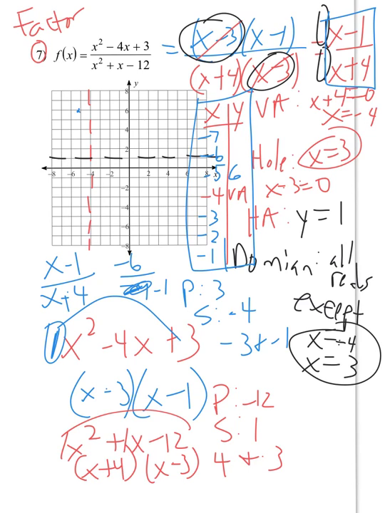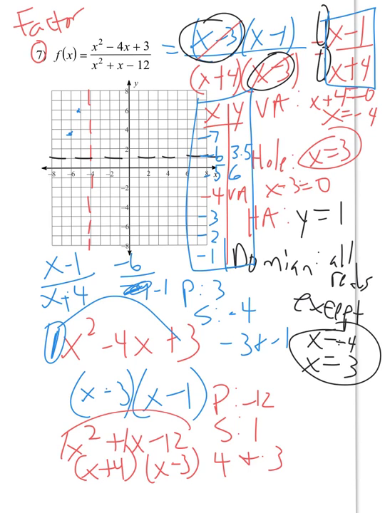If I put negative 6 in, negative 6 minus 1 would be negative 7 over negative 6 plus 4, which is negative 2. Negative 7 divided by negative 2 is 7 halves, or 3.5. So at negative 6, we'd be at 3.5. You're just going to have to estimate where that is, which is going to be about right there.